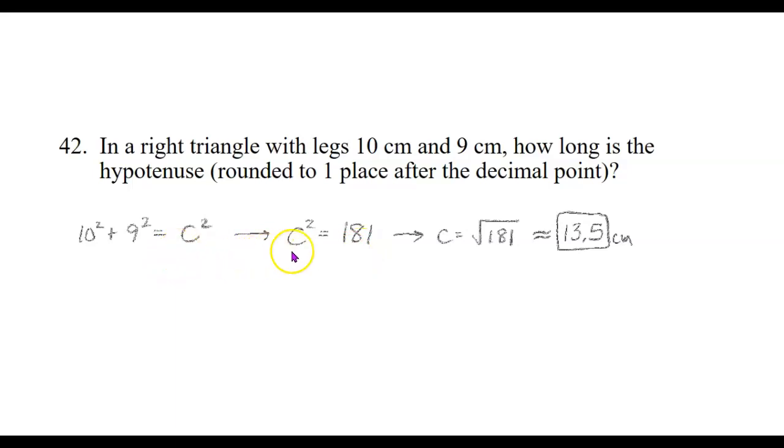So now we have c squared equals 181, and then c would be the square root of that. We undo the squaring by taking the square root. So c would be the square root of 181, and my calculator tells me that that's approximately 13.5. So to one place after the decimal point, the answer is 13.5 centimeters.